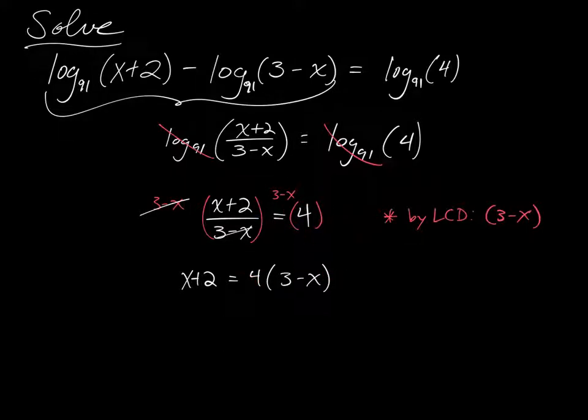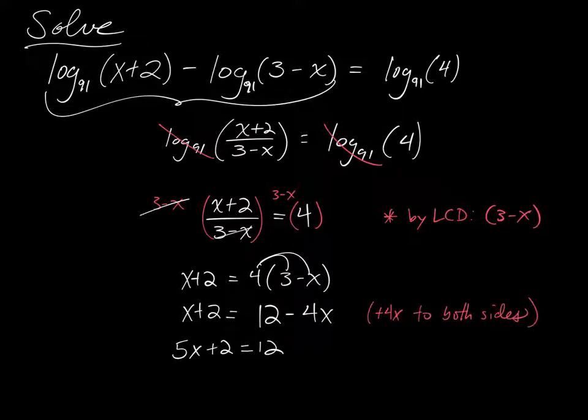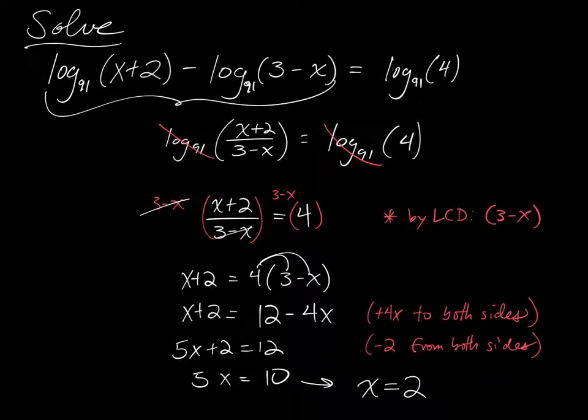Then you can distribute this out. We can add 4 x's to both sides, then subtract 2 from both sides, and then divide both sides by 5. That'll give you x equals 2.